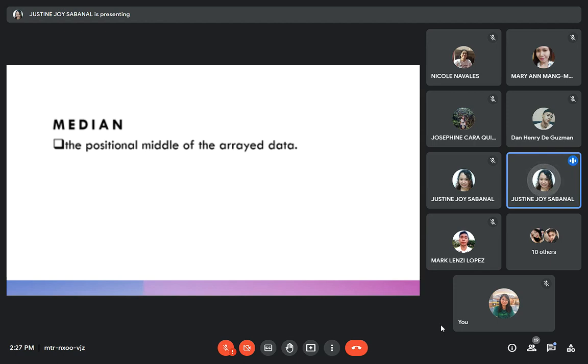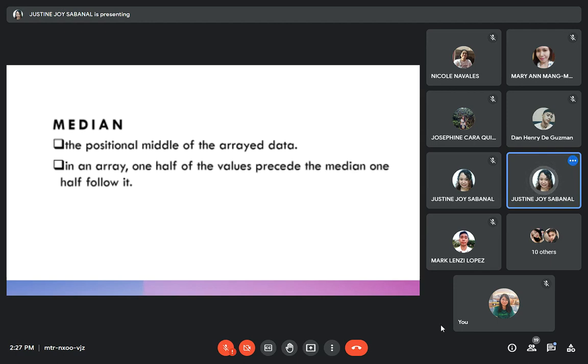Another definition of the median is: it is an array in which 1/2 of the values precede the median and 1/2 follow it. So 50% are lower than the median value, and 50% are higher.